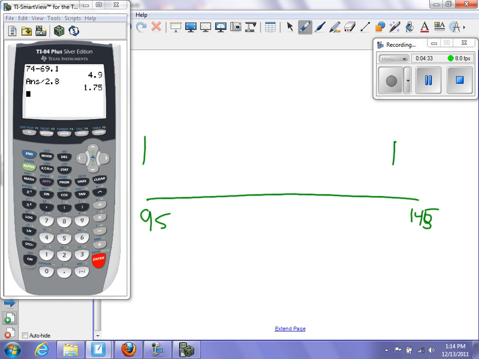My median, so let's see, I'm going to label this 95, 100, 105, 110, 115, 120, 125. Oops, we have to just extend it. 130, 135. Well, I'm over here someplace.